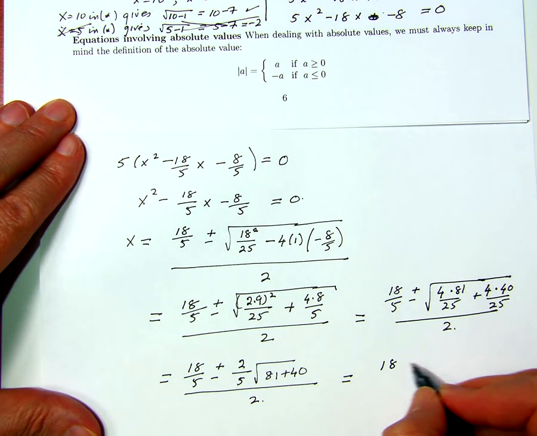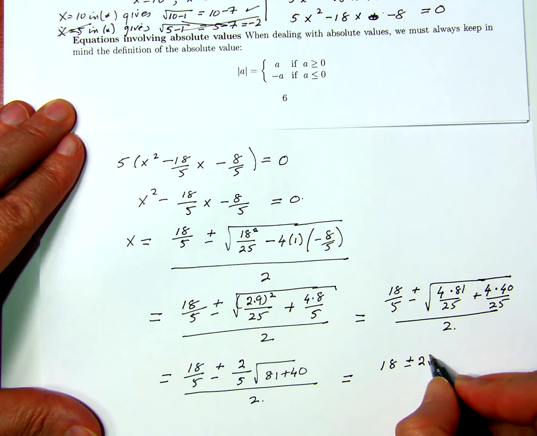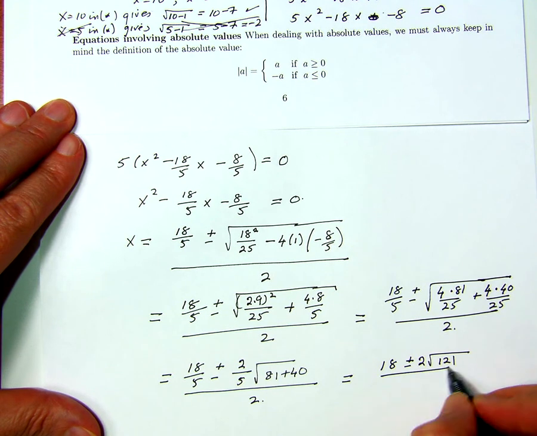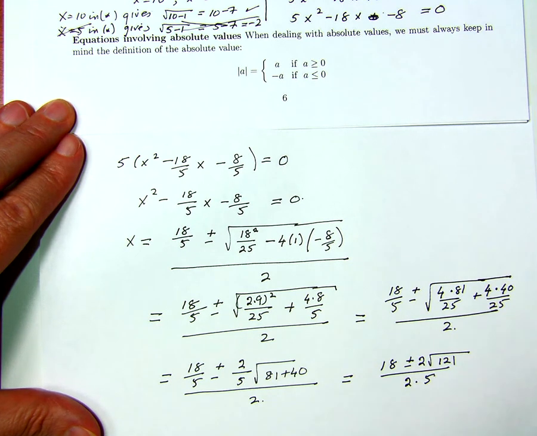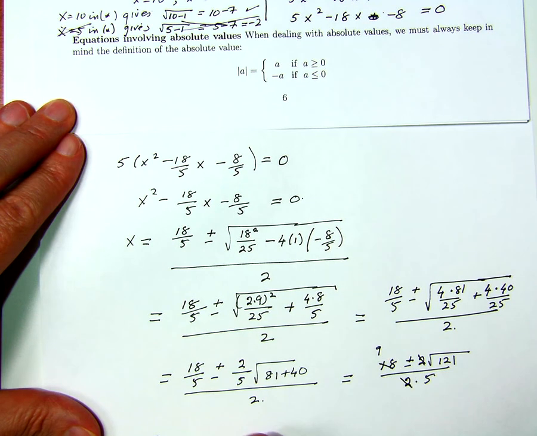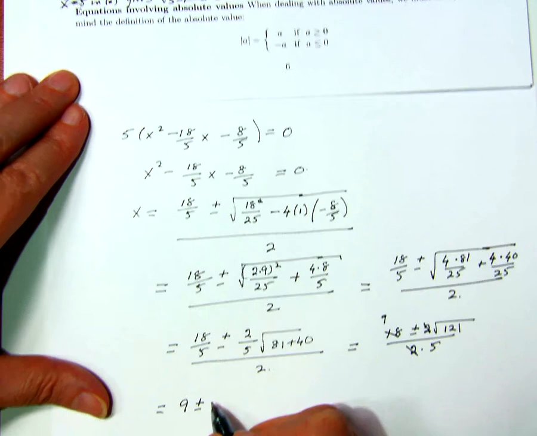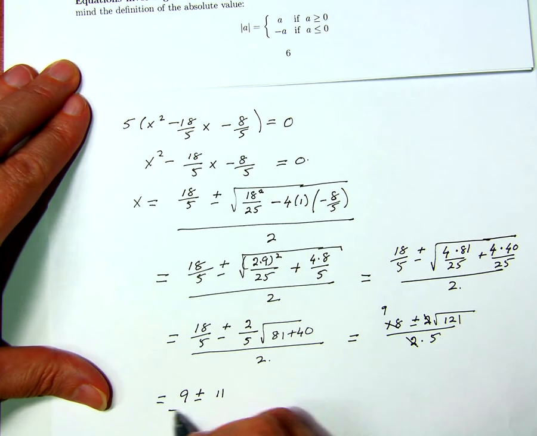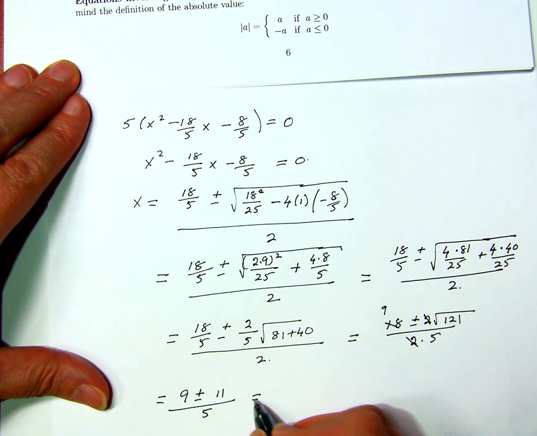I get 18 plus or minus 2 times the square root of 121 over 2 times 5. I can cancel a 2 there. That's equal to 9 plus or minus the square root of 121, which is 11, over 5.